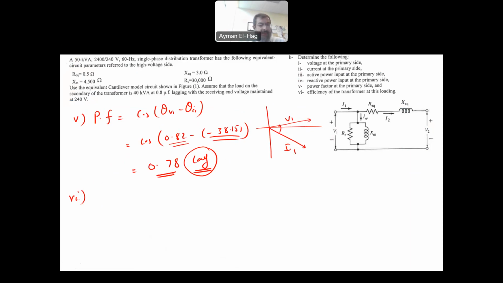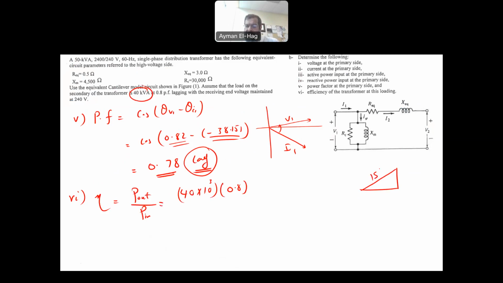Finally, we want to find the efficiency at this loading, which is the 40 kVA. The efficiency is nothing but P out over Pin. P out, we have it. It's the 40 kVA times the power factor, the 0.8, just to remind you, comes from the power triangle.